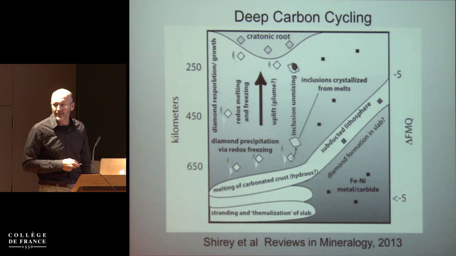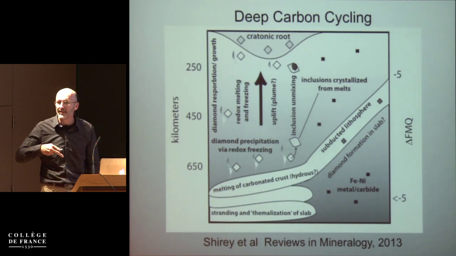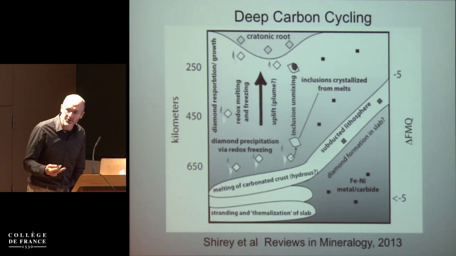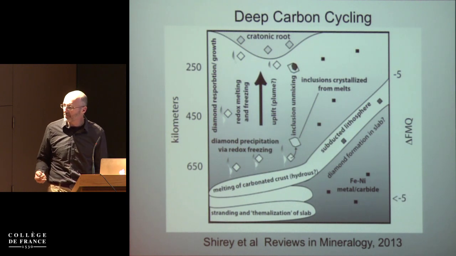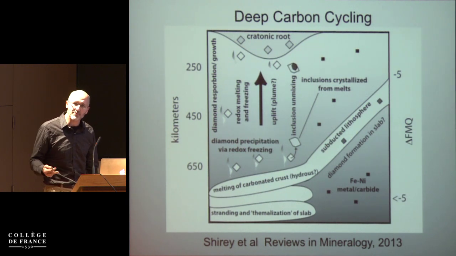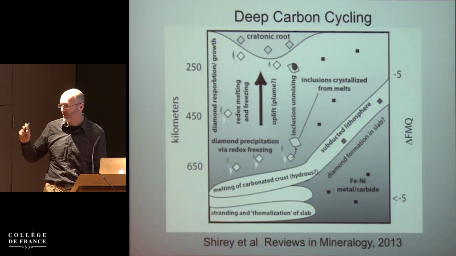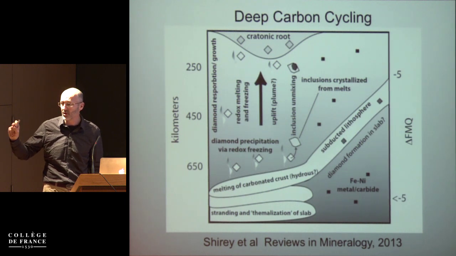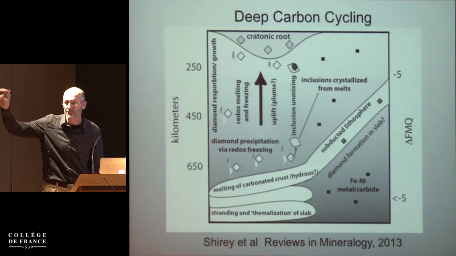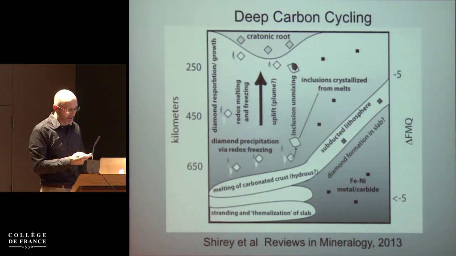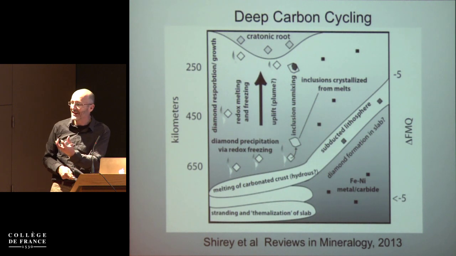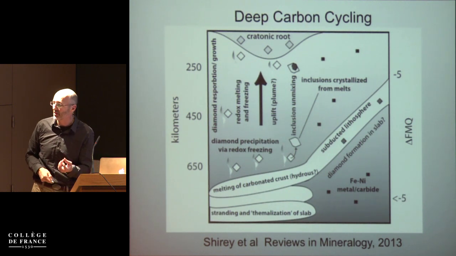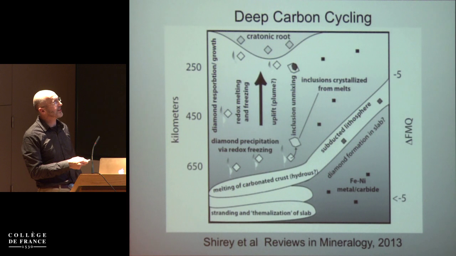That material goes off into the very reducing mantle, and those melts crystallize the diamond by redox freezing, and at the same time, through processes most likely of reactive transport and metasomatism effectively, are producing and crystallizing the phases that are being trapped. You're not trapping bits of the ambient peridotite. You're crystallizing minerals, and my student Andy also is working on reproducing that experimentally. And he's got some fantastic results that I don't have time to show you.